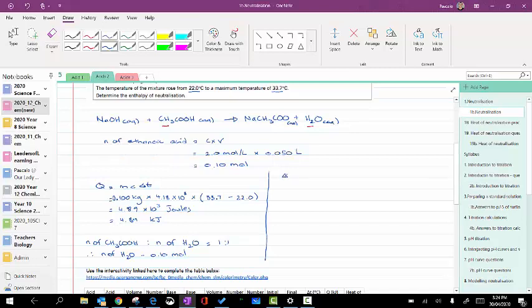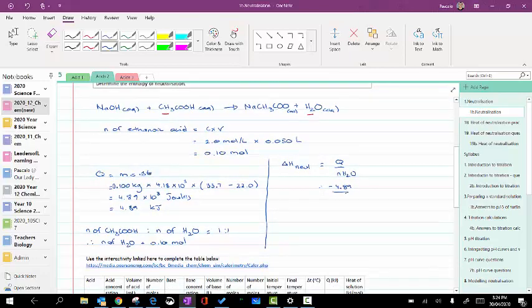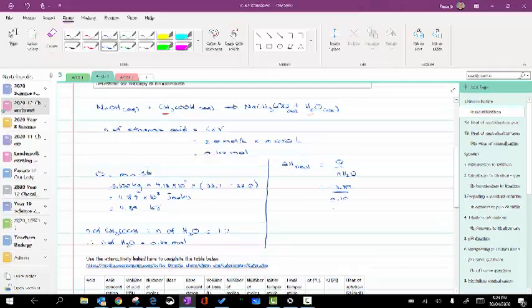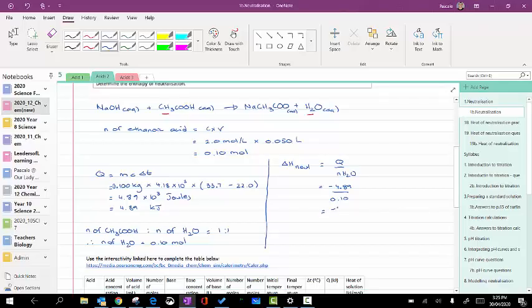So the enthalpy of neutralization is Q divided by the number of moles of H2O. So Q is minus 4.89, minus because heat is released, divided by the number of moles of water we just worked out to be 0.10 moles. That gives us a value of minus 48.9 kilojoules per mole of water.